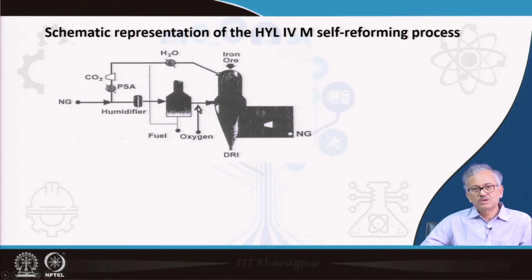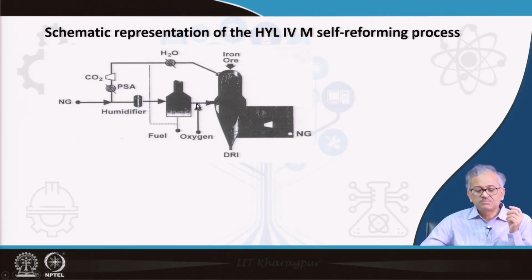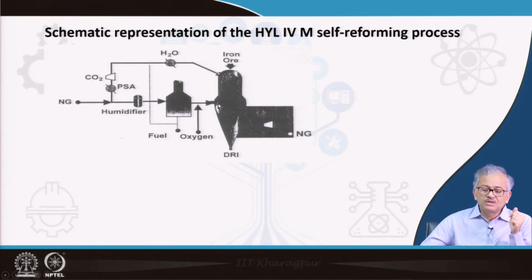By inline oxygen injection, you partially burn the methane, the natural gas, and generate some extra heat, such that the gas is heated to more than 1000 degrees centigrade before entering the reactor.